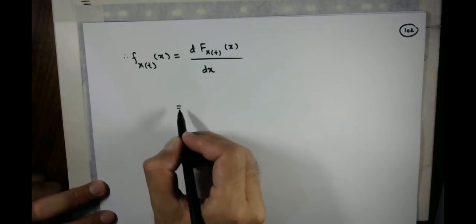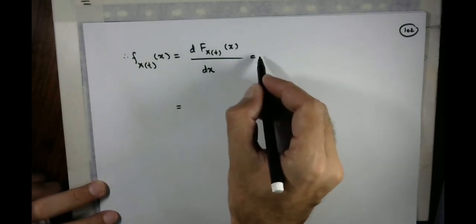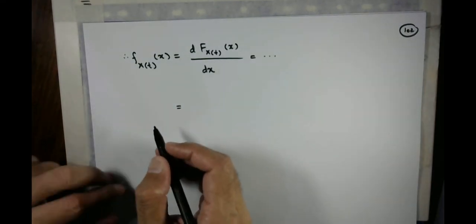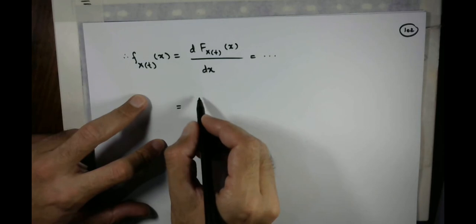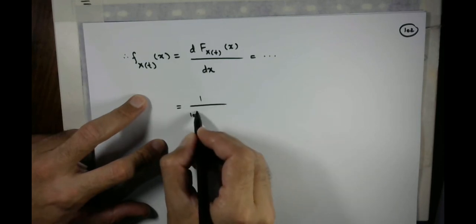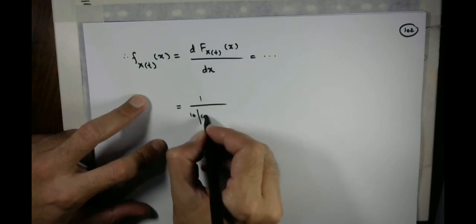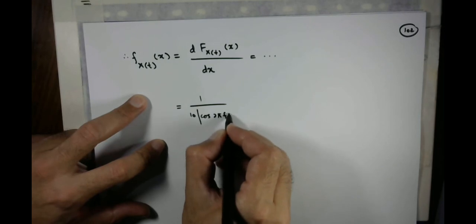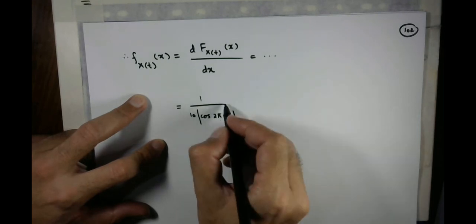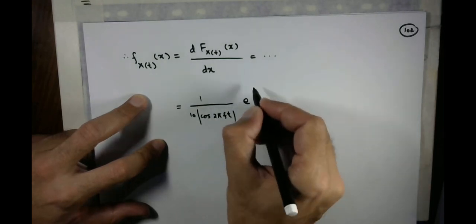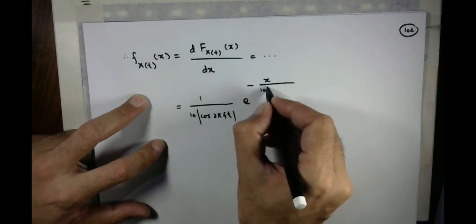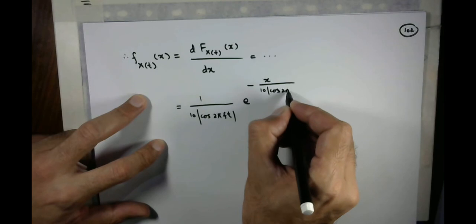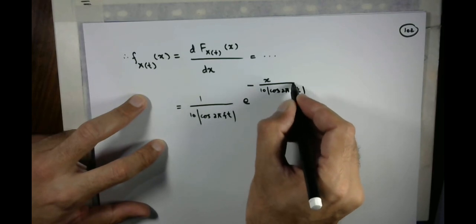When you do this, I think you can do this easily, you will see that your PDF becomes 1 over 10 times absolute cos 2 pi ft, e raised to power minus x over 10 times absolute cos 2 pi ft.